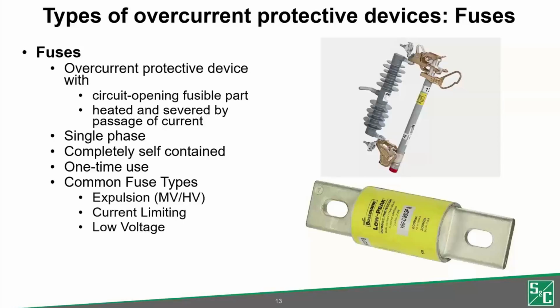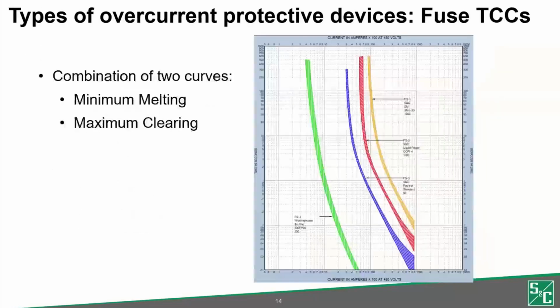LV fuses are the other type of fuses seen on the LV networks. They operate on the principle of the fuse melting on seeing the fault. I would like to discuss what the TCCs, or the time current curves, of fuses look like.